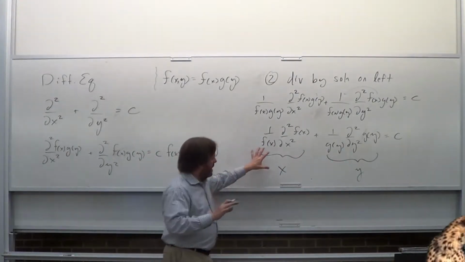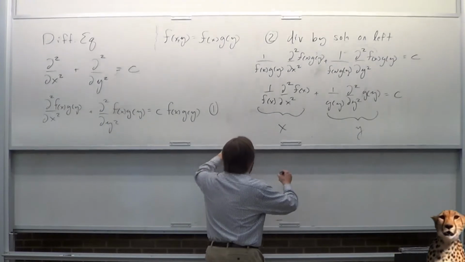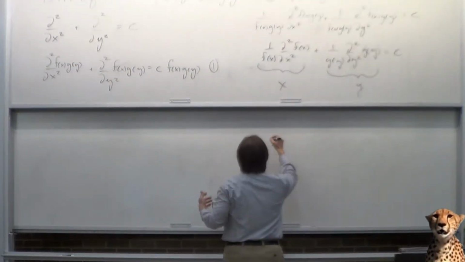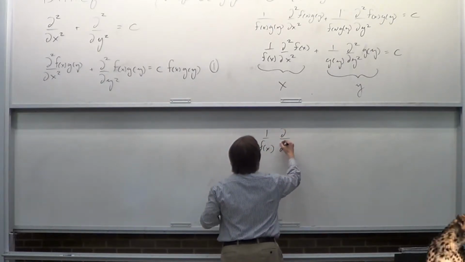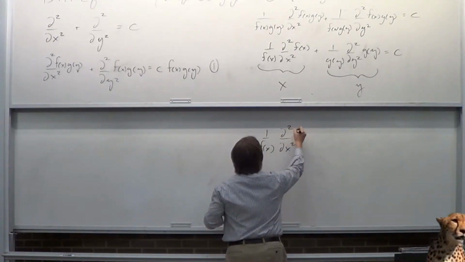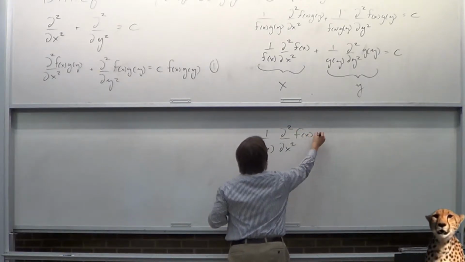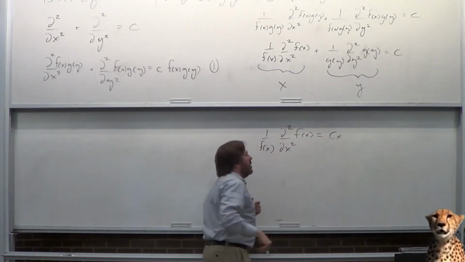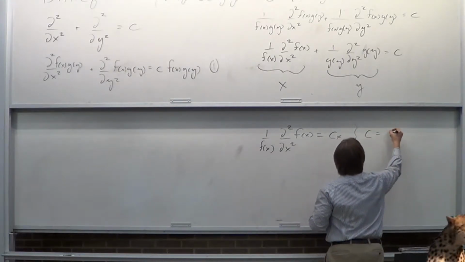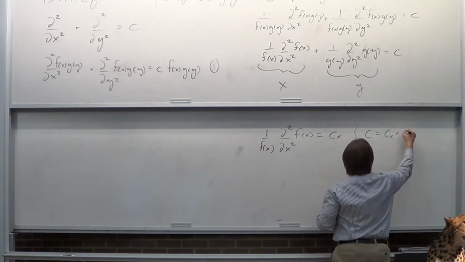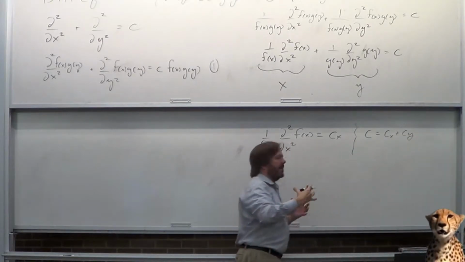So the next step is, now you're ready to solve this, but the way you do it is, and I'm going to forget g of y because it doesn't matter anymore. Okay, so I've got this. It's now equal to its own constant, and the same for y, where the original problem is actually got this going on.